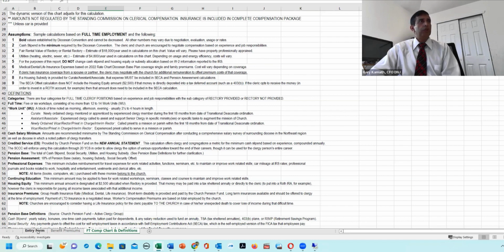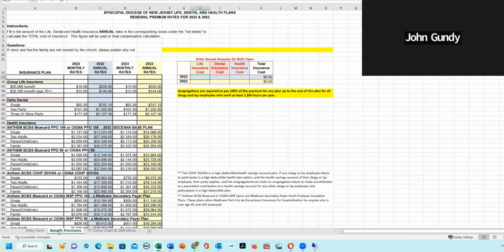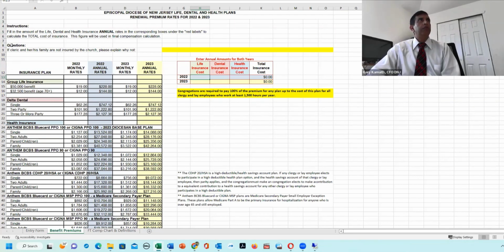Now we'll go through the benefit premium section. Here there are a few items. First question is, if the clergy has their own benefits from their spouse or themselves from something else, then they may not need our church plan benefits, or they may not take it.